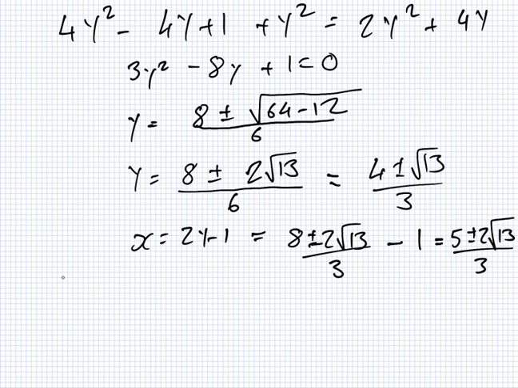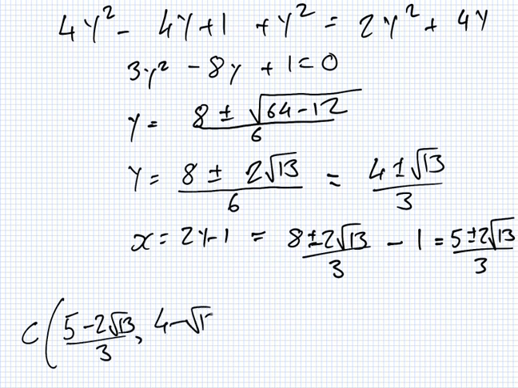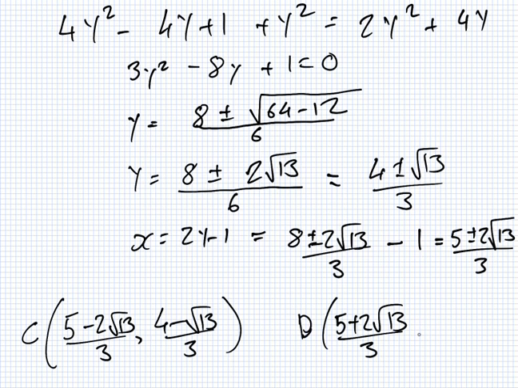So I have my two answers. We'll say C is 5 minus 2 root 13 over 3 and 4 minus root 13 over 3, and D we'll say is the plus one: 5 plus 2 root 13 over 3, 4 plus root 13 over 3.